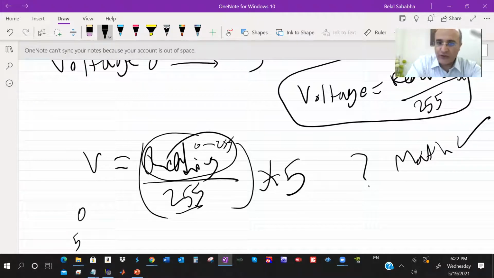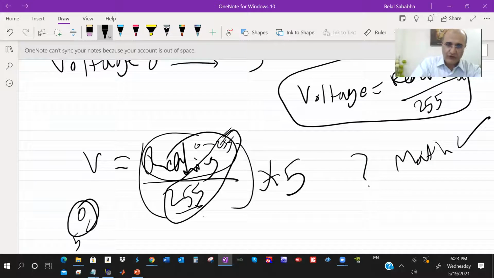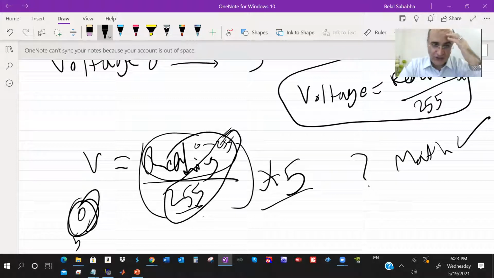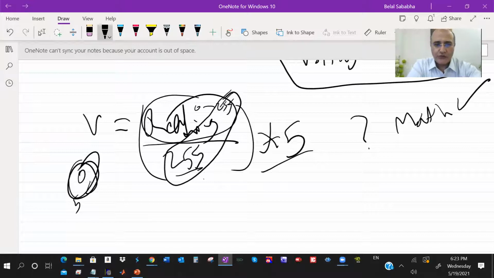This will be converted into a 0, times 5 is 0. This is going to be always 0. Okay. So when it becomes 255, 255 divided by 255 is 1. 1 times 5 is 5. So your reading is always 0 or 5. So to overcome this data manipulation, what can we do? We can write the same thing.